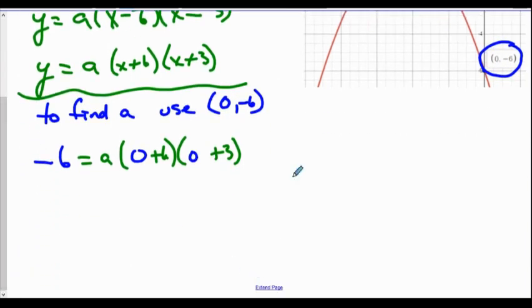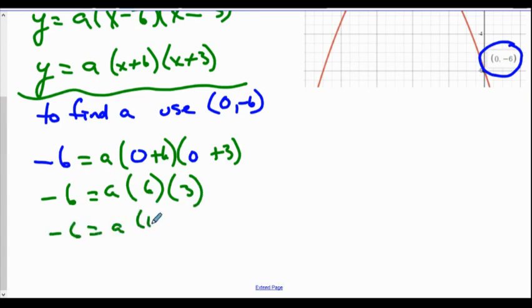Once again, I just need to solve using my algebra. So I'm going to say -6 equals a times 6 times 3. So -6 equals a times 18. I'm going to divide both sides by 18, and we're going to see that a equals -1/3.